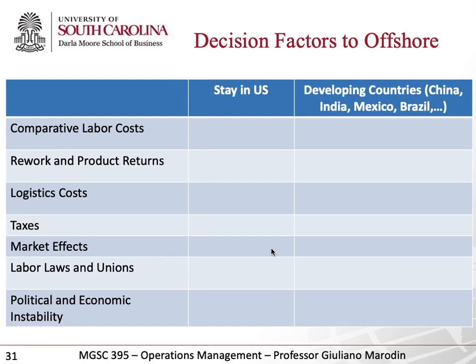Political and economic instability. Although you guys think that you have instability here in the United States, in developing countries it's a lot more crazy. For example, Brazil was a military dictatorship when I was born. It went back to being a democracy in 1990. From 1990 until today, there have been two presidents that were impeached.